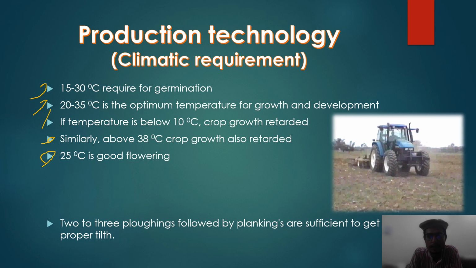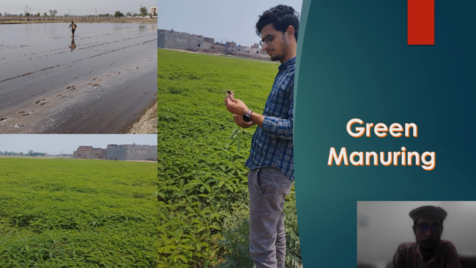If you talk about land preparation, 2 to 3 plowings are sufficient to gain proper tilth. Green manuring is the best application for enriching our soil with organic nutrients.